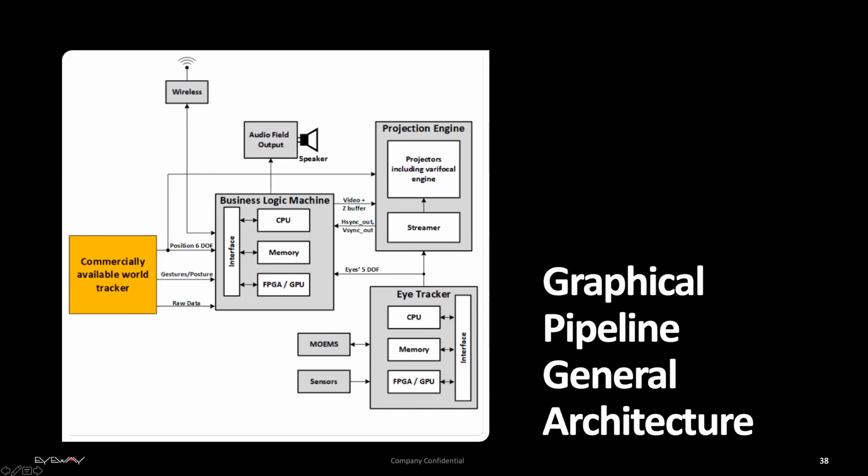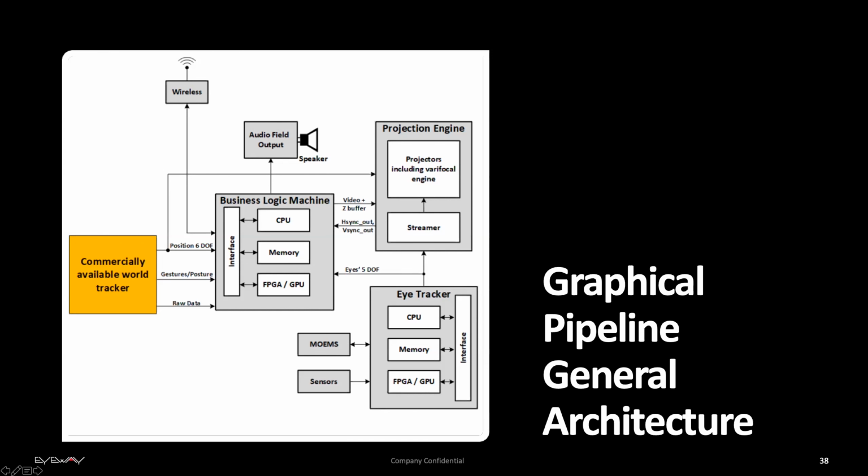We have the projection engine, which gets its data from the business logic machine. The business logic machine can be any device, basically the part that we are using at the moment. At the moment we use a Windows PC with an NVIDIA GPU. In the future, it will be a mobile platform, probably with a Qualcomm processor.